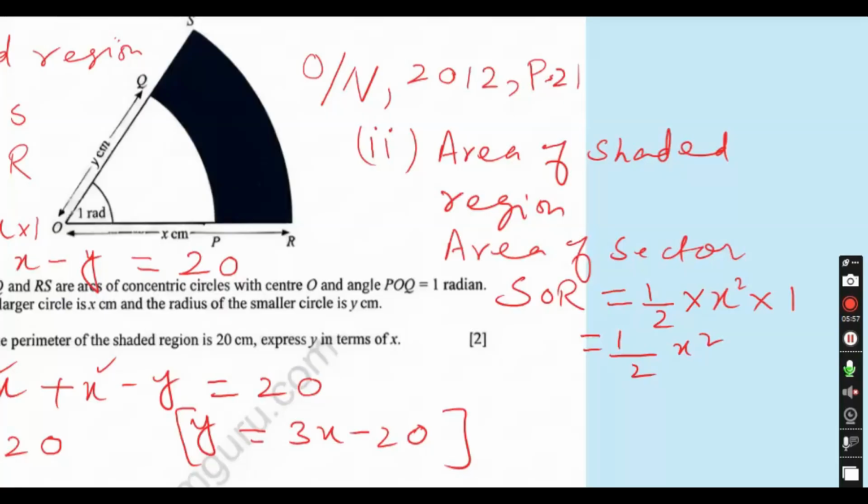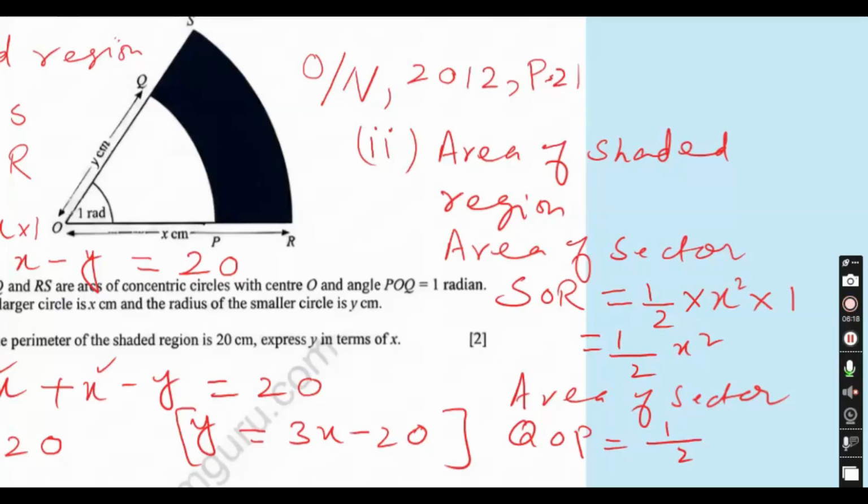Now find the area of the unshaded region, which represents the area of sector QOP. So write area of sector QOP, half radius square.